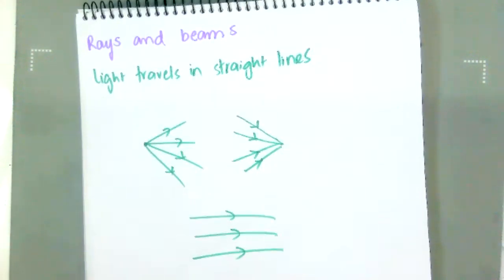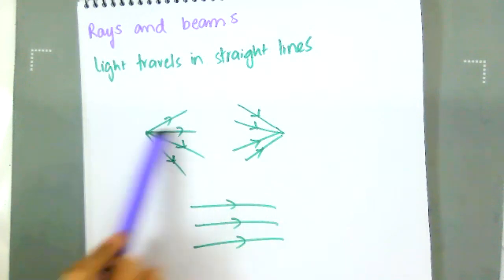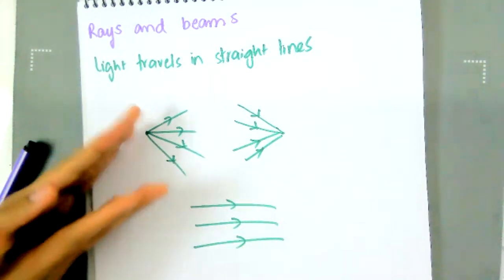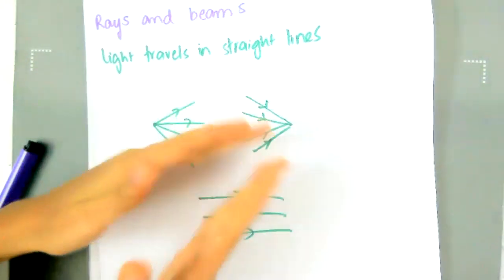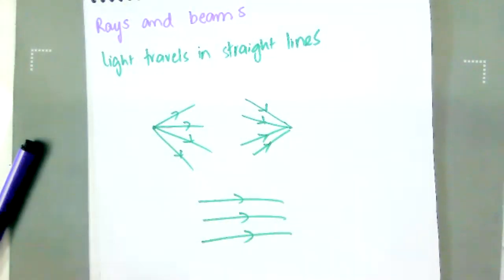It's important to know this because different types of rays behave in different ways. So rays, beams, same thing. Over here, they are moving away from each other, so they are diverging, they're coming together at one point, so they're converging, and these are parallel, they're going straight through.